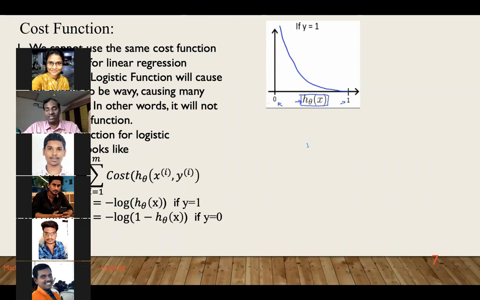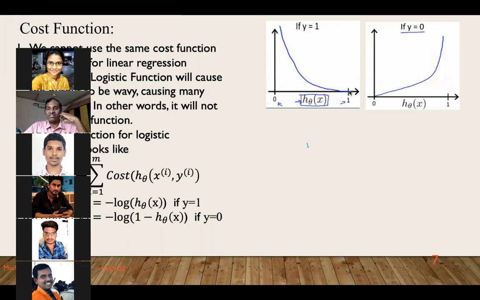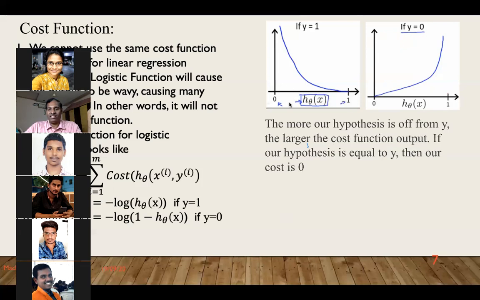But when you predict 1 as 0, then your cost is increasing like anything, almost infinity cost you are incurring. When you don't predict 1, but it is less than 0, then cost won't become infinity. Somewhere it will be something like it. So you can see here, that is the advantage of taking the minus log function. It penalizes very high whenever you are moving in the opposite direction. When you are moving in the same direction, less cost.